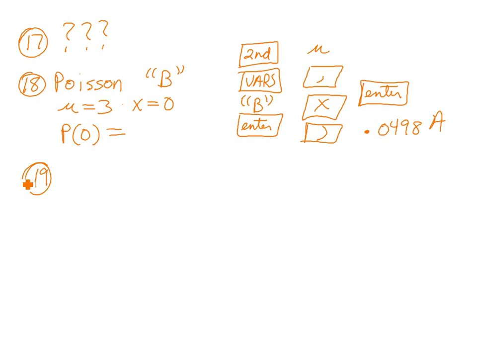And then for the binomial, when we have a success and failure, and that's all we have, and we're given a certain number of trials that we're going to go through, and we want to know how many come out of that.